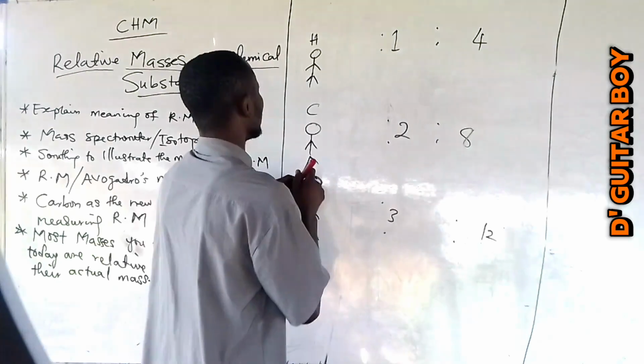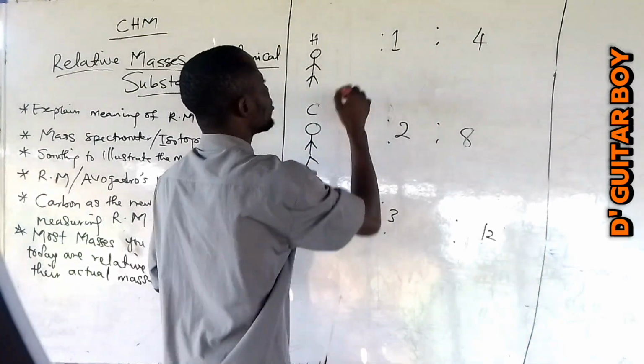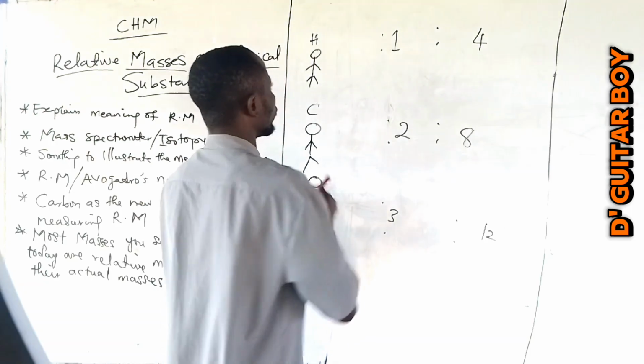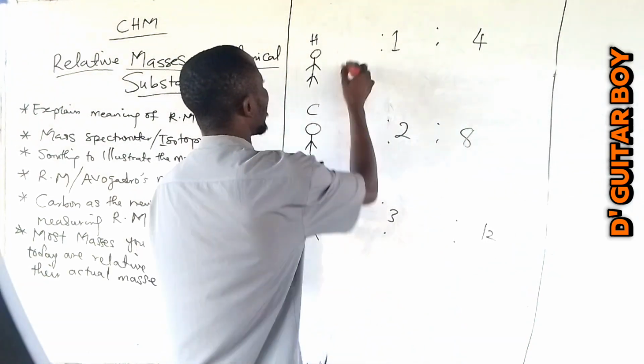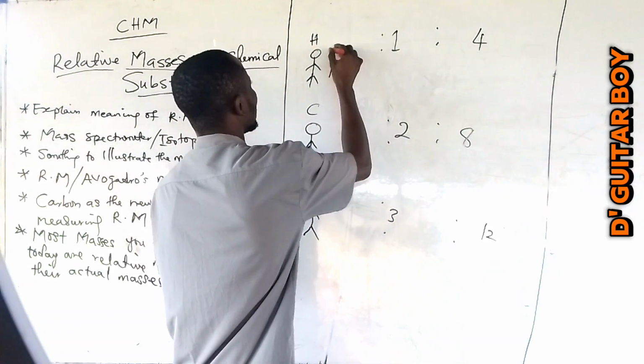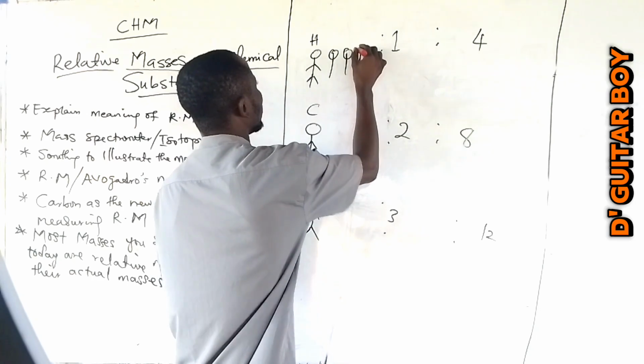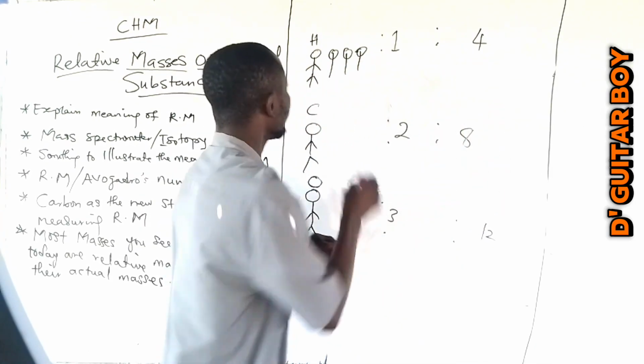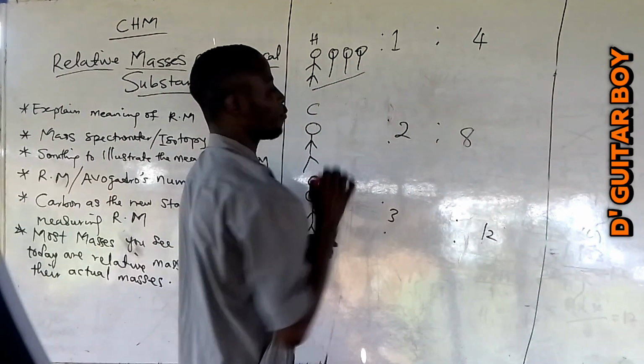How many of it? That is when it will be worth 4. Because if 1 person gives you the actual value of 1, 4 persons will give you the value of 4.